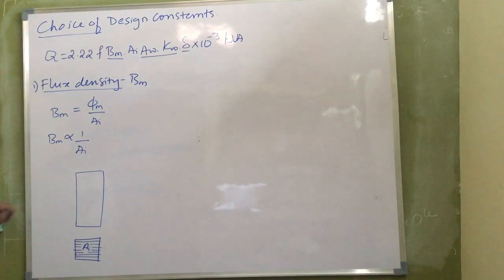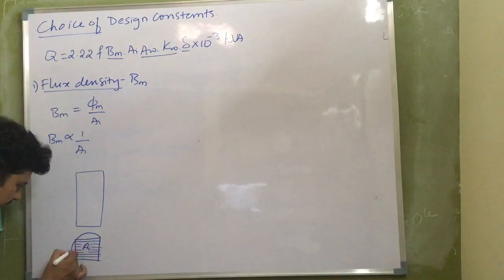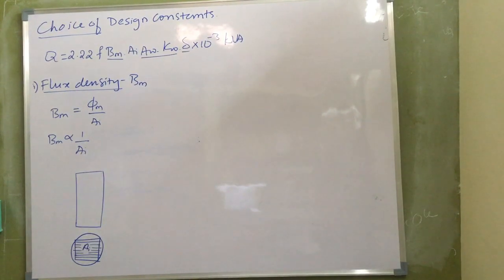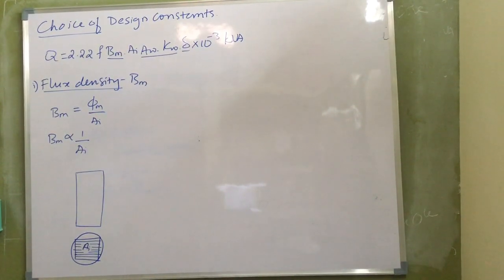So what is the advantage if AI decreases? If AI decreases, the diameter of circumcircle decreases. If the diameter of circumcircle decreases, the length of turn decreases.